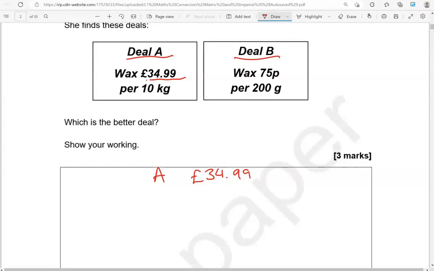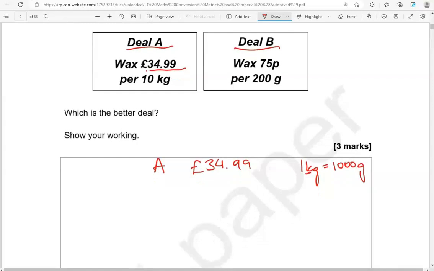Now, in 1 kilogram, there are 1,000 grams. K means 1,000. So, 200 grams, that is 5 times smaller than 1,000 grams. In other words, 5 lots of 200 will make 1,000, which is 1 kilogram.